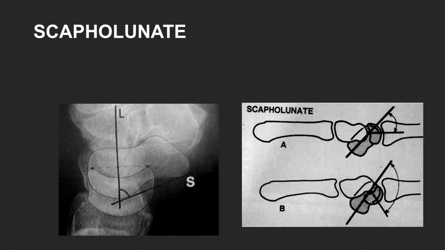So the scapholunate angle is increased in a DISI pattern, and the scapholunate angle is decreased in a VISI pattern. Here the normal range is between 30 to 60 with an average of 47 degrees.